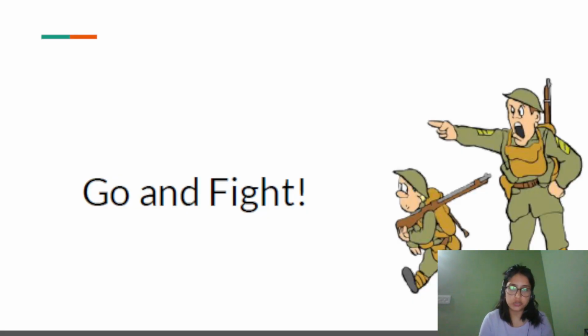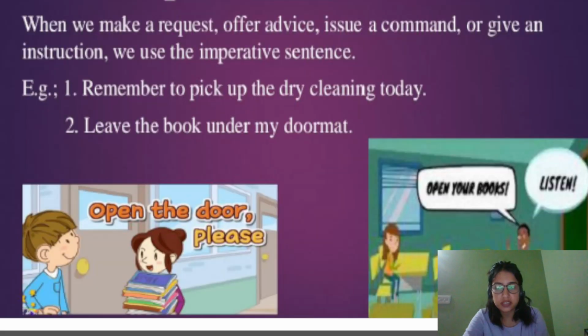Yes. So: go and fight. What type of sentence do you think it is? It is having an exclamation sign at the end. Yes. So it is having an exclamation sign, which shows that the sentence is an exclamatory sentence. Yes.